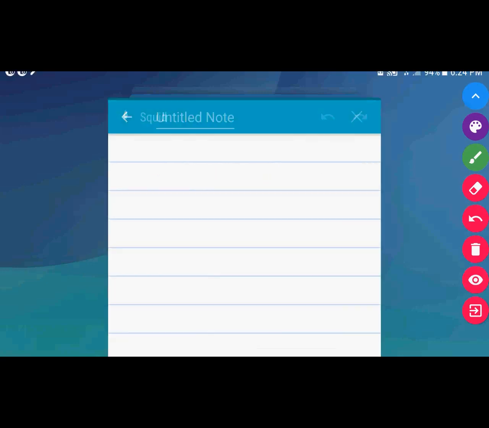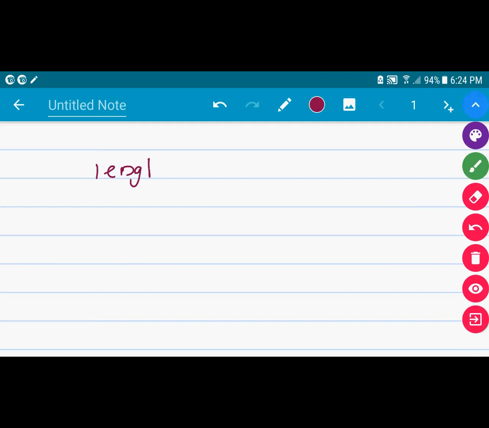Now see, we have to find the length of the square.